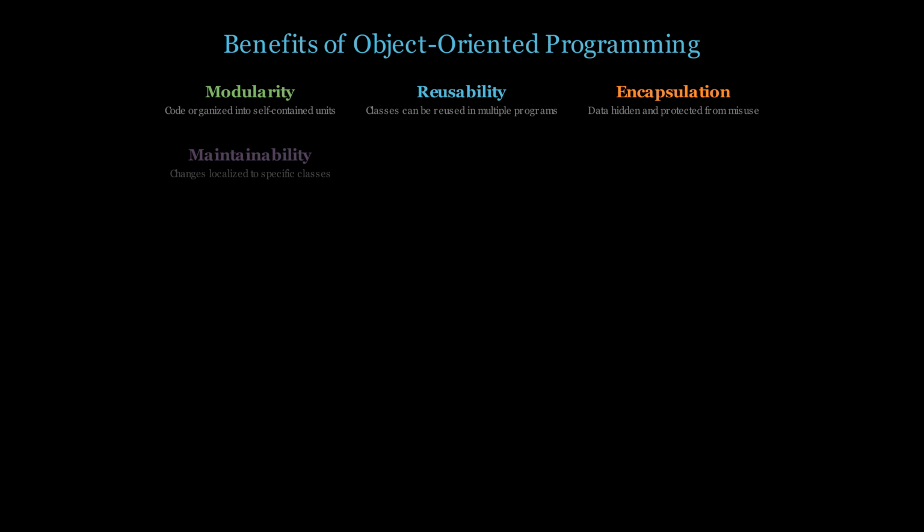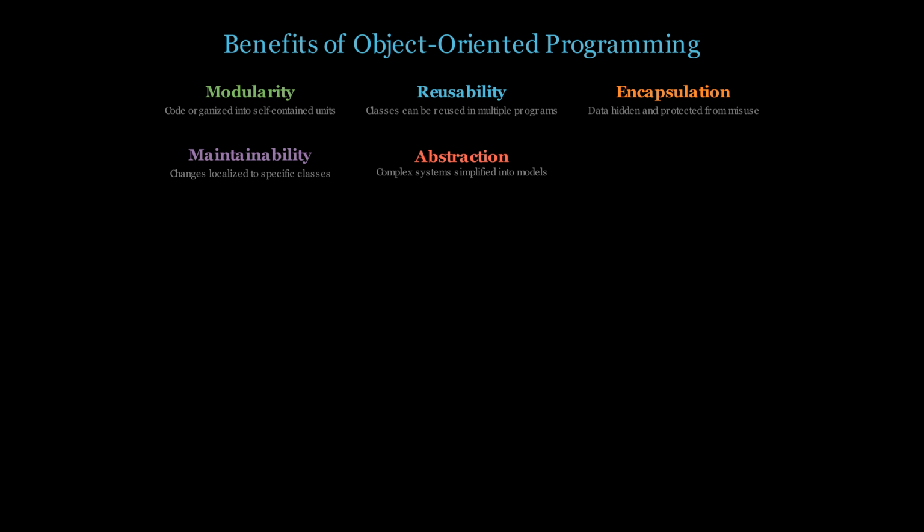Let's review why object-oriented programming is so powerful and widely used. OOP provides numerous benefits that make code more maintainable, reusable, and easier to understand. Modularity organizes code into self-contained, focused units. Reusability lets you use classes across multiple projects.